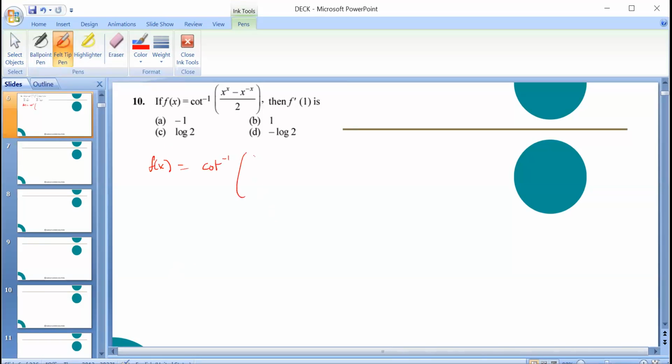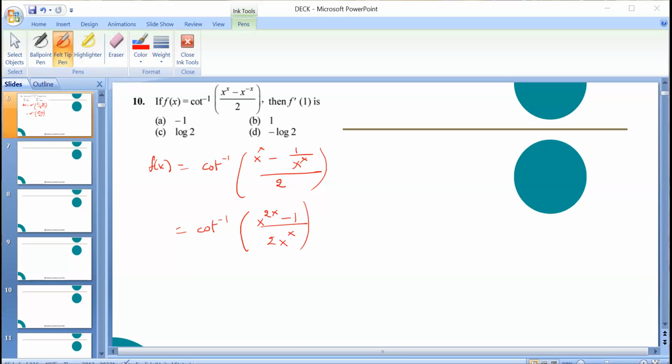Cot inverse of (x power x minus 1 by x power x) by 2, or cot inverse of (x power 2x minus 1) by 2x power x.